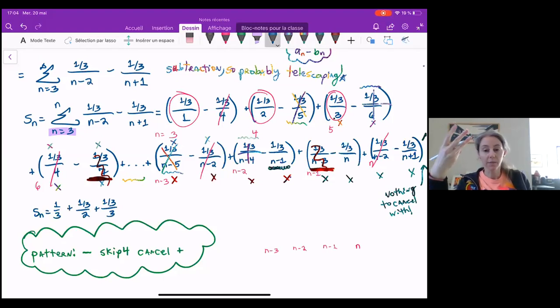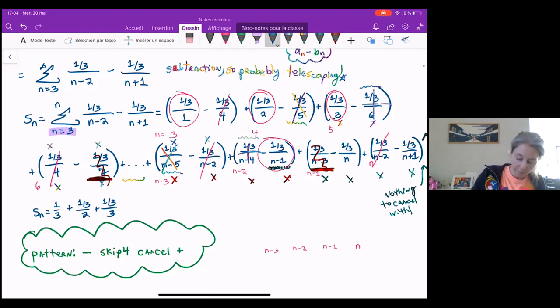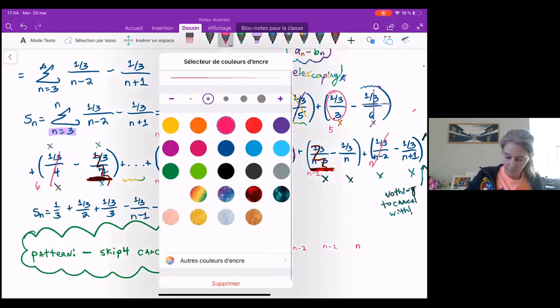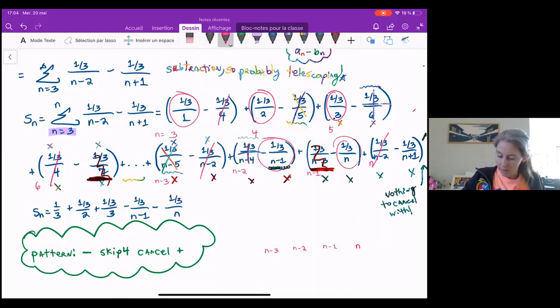Do I have 3 things left over in the end as well? Yes, I do. I have minus 1/3 over n minus 1. Minus 1/3 over n. Then minus 1/3 over n plus 1. So far, so good?